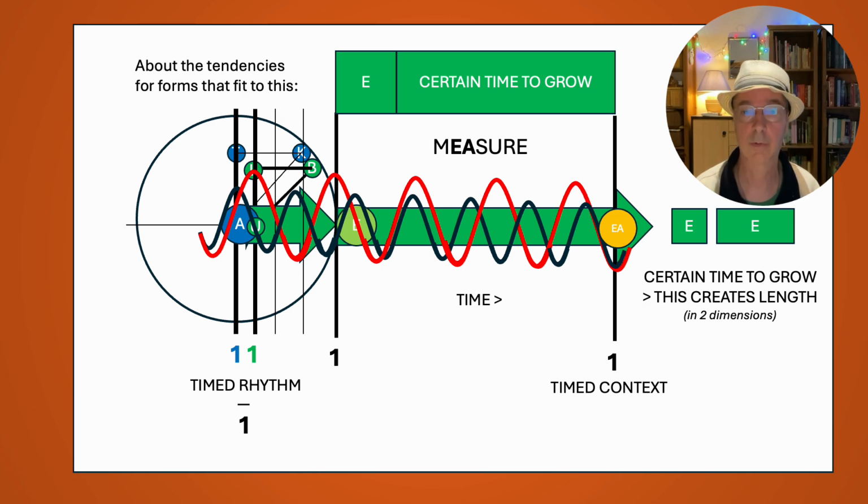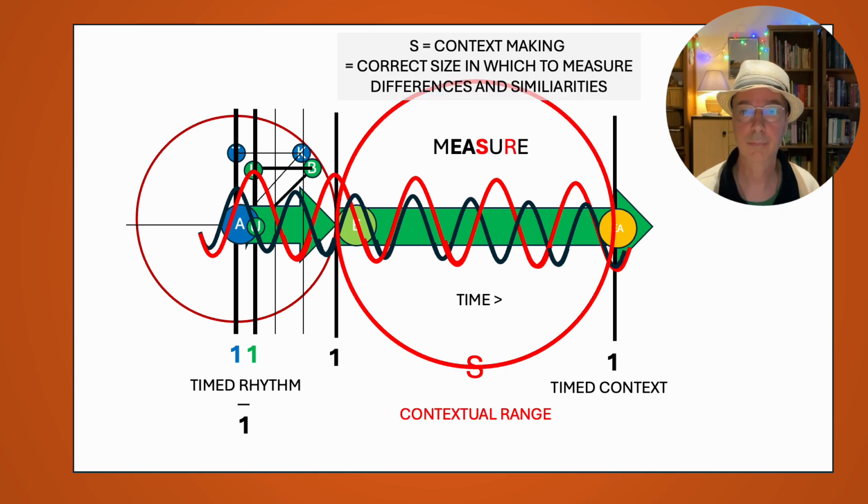Just a small reminder. In measure, I also have the letter S, of course. What's the letter S? S is always the big context. Where will we have the big context in measure? Of course, when it is cooperating, when the two vibrations find a match and are vibrating together.